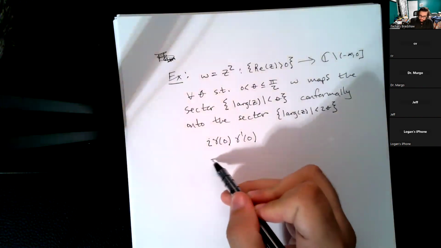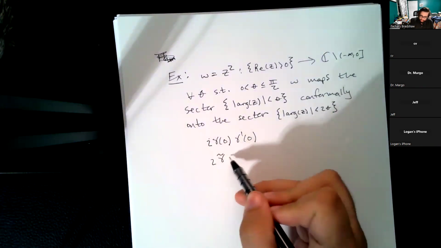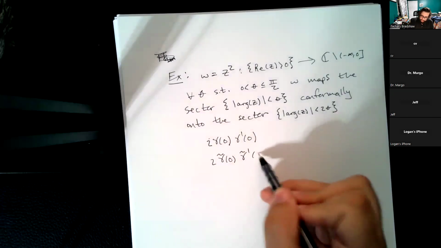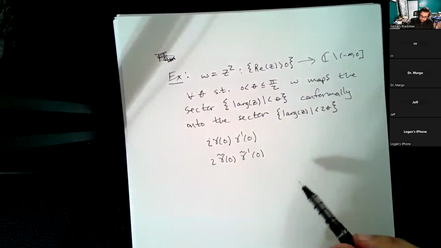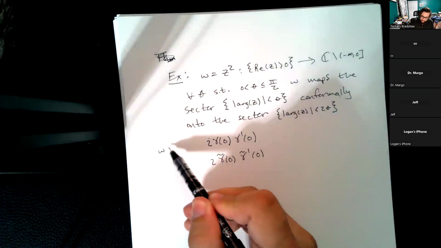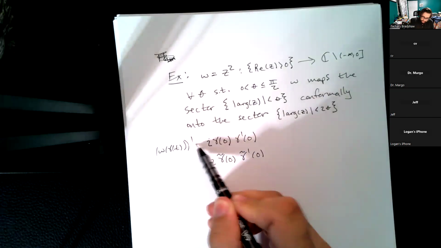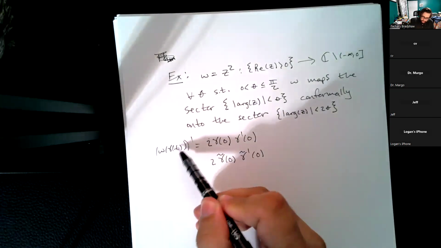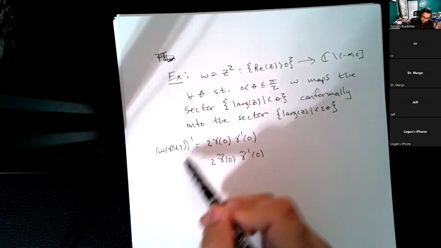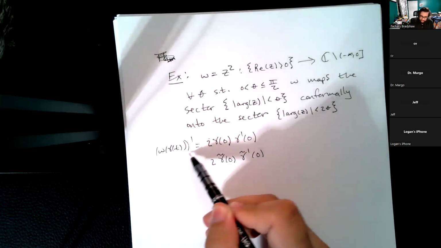If I take another curve, I'll get 2 gamma tilde of 0, gamma tilde prime of 0. So this is the derivative of w of gamma of t, evaluating at t equals 0.